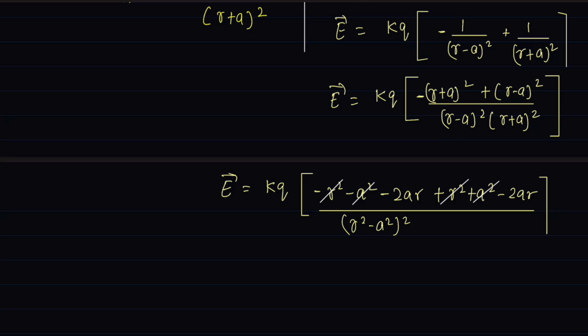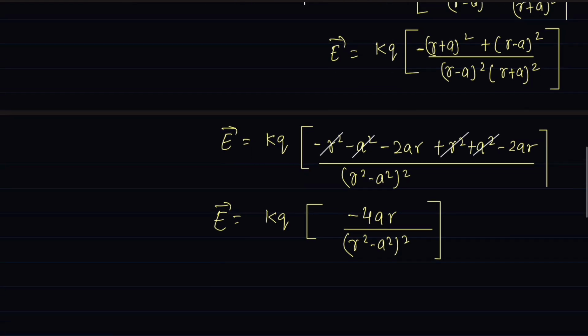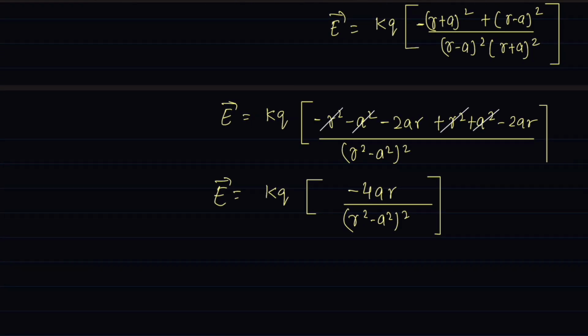So E is equal to kq times minus 4ar divided by r square minus a square whole square. Now this r square minus a square we can write as r square times 1 minus a square by r square. We can use this relation in our solving.